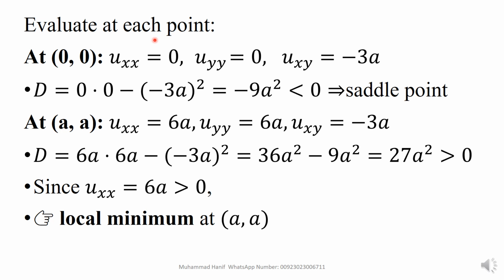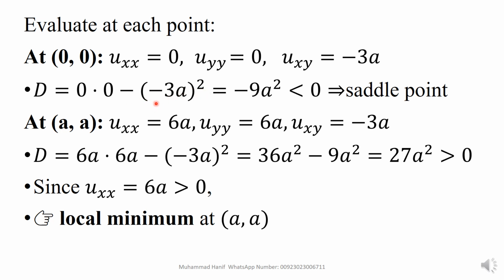Evaluate at each point. At 0 comma 0, uxx equal to 0, uyy equal to 0, uxy equal to minus 3a. D equal to 0 multiplied by 0 minus minus 3a power 2.